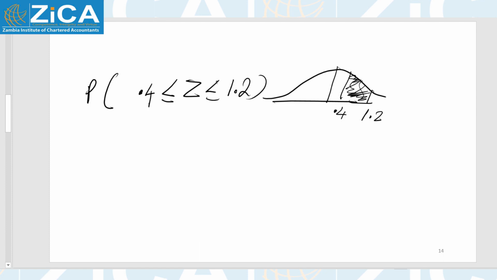Now, the table which you have gives you 0.5. They are all positive. The area to the right. It is symmetrical about 0. So it will give you the area from 0 to 1.2. Okay? If you go to the tables and check, okay?